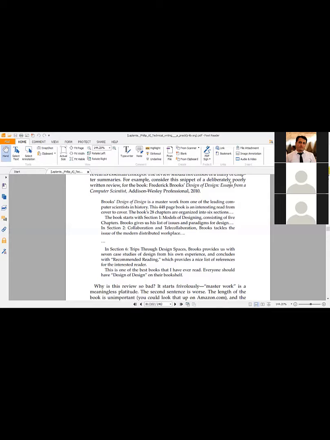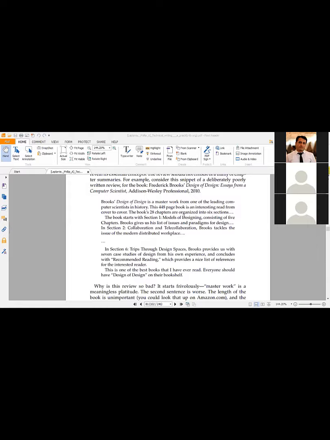Now look at this paragraph. Brooks's Design of Design. Brooks is the writer of the book Design of Design. Brooks is the name of the writer. Is a masterwork from one of the leading computer scientists in history. This 448-page book is an interesting read from cover to cover.